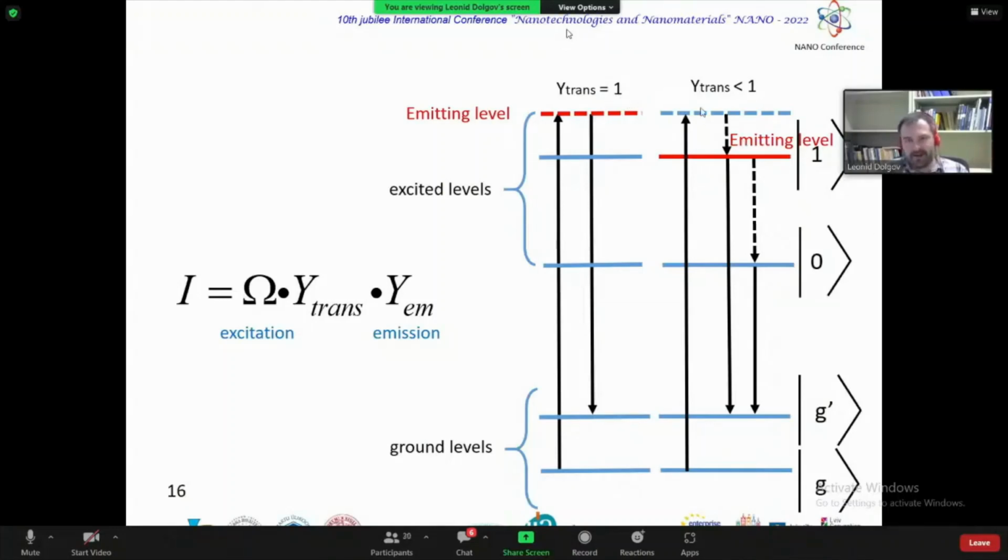But when from the excited level we have some non-radiative processes, which can be dephasing or thermal depopulation, and finally radiation from a level lower than excitation, then the transfer is much less than unity.